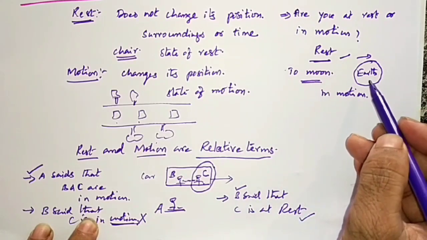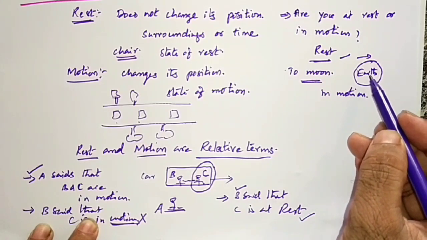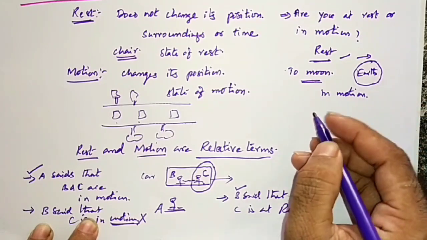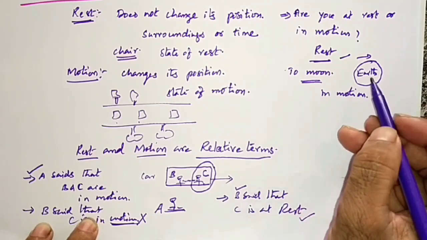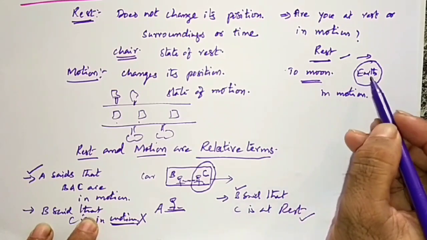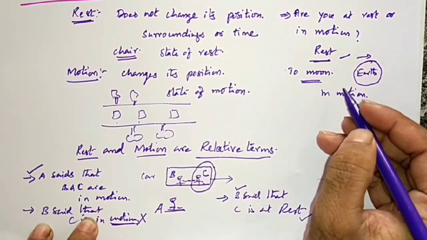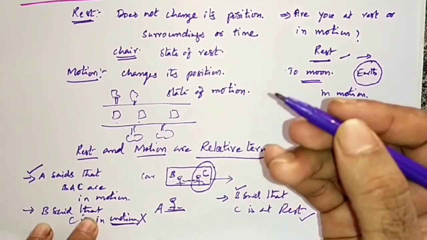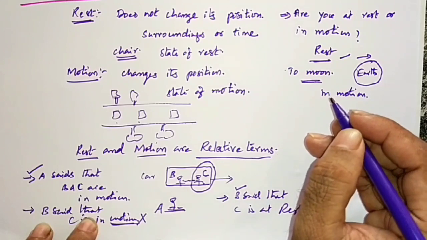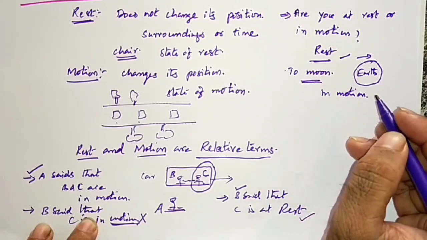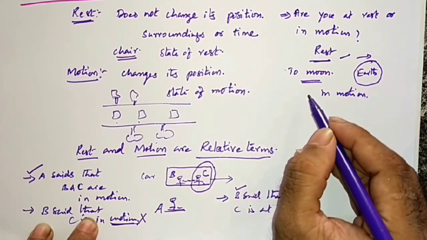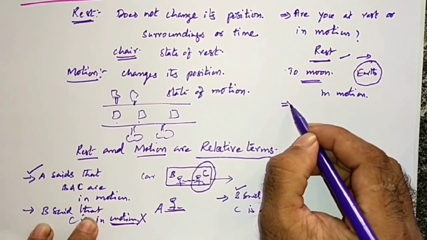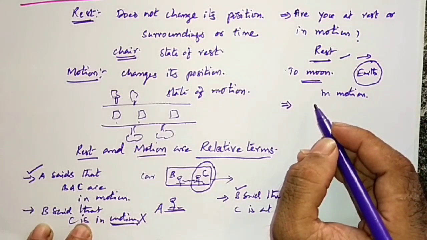Here also, you are on the earth, as the earth is moving, you are also in motion. So with respect to the moon, the earth is in motion, so you are also in motion. Whatever objects are present on the surface of the earth are in motion. Clear? So in this way, we can tell whether the object is at rest or in motion.